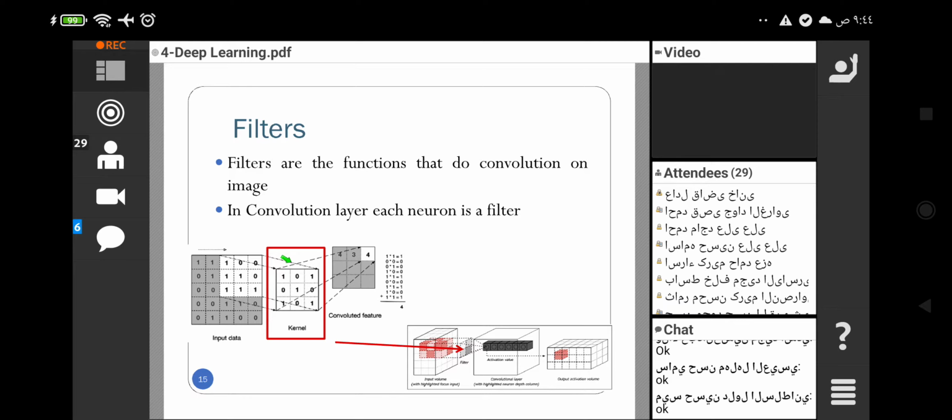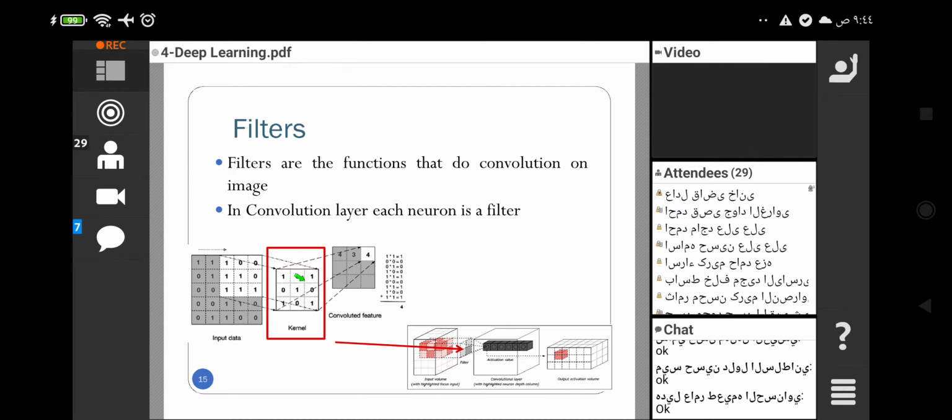One of the most important things about these kernels is that they have some numbers inside them. Okay, 1 0 1. These numbers are learned. The weights that are learned in the convolution layer are the numbers inside these kernels. So the numbers inside the kernels are modified.